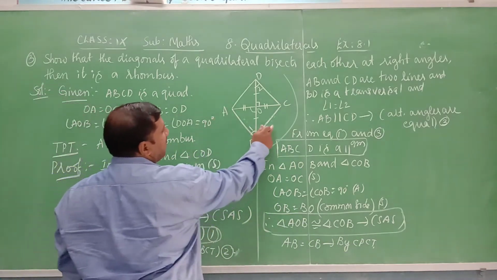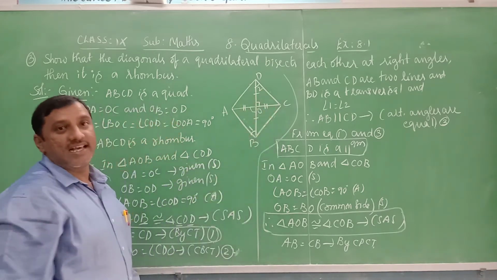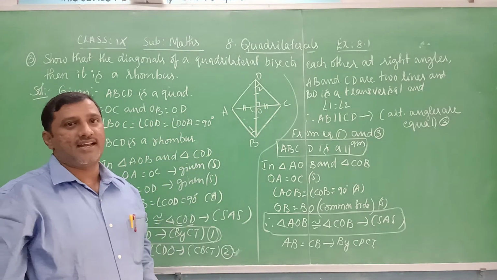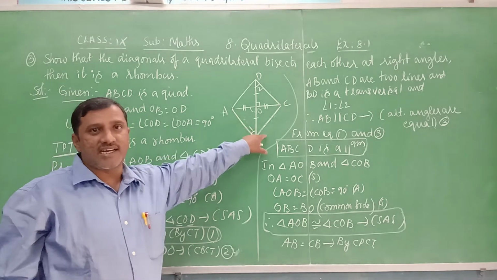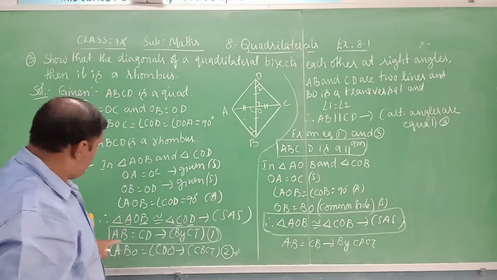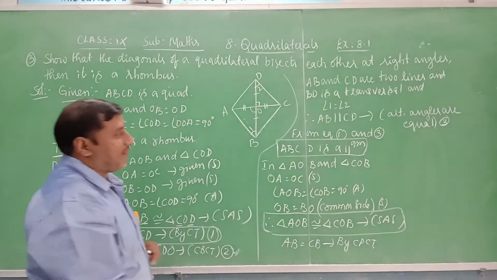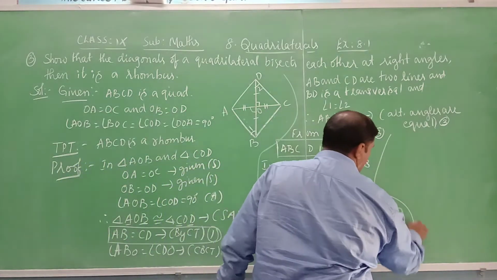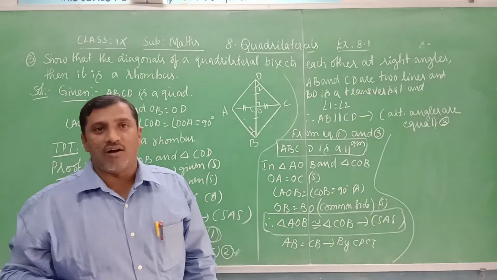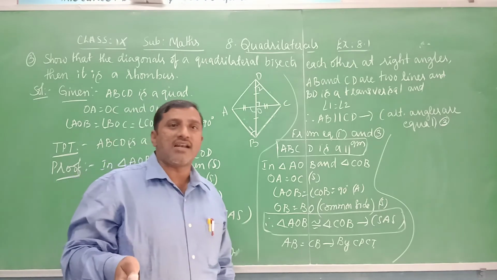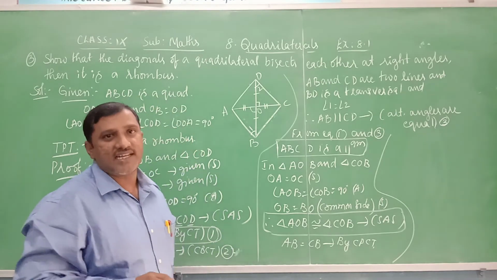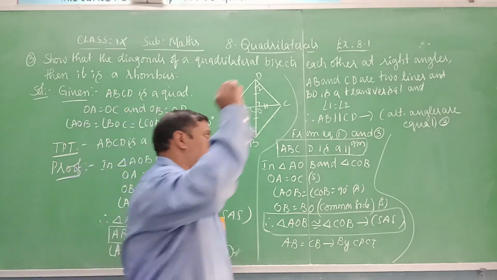What are AB and BC in this quadrilateral? Yes, the adjacent sides. One pair of adjacent sides are equal and it is a parallelogram. Therefore, what can we say? ABCD is a rhombus because it is a parallelogram with one pair of adjacent sides equal.